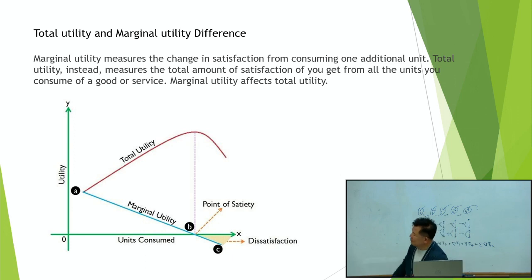The point is that marginal utility meets the x-axis of units consumed, and this point is also the highest total utility point, and they meet at one point. We say this is the maximum point of satiety. So this is for marginal and total utility differences.